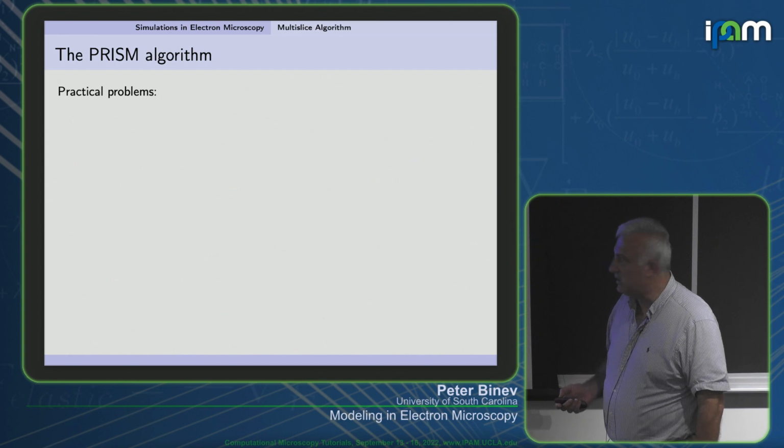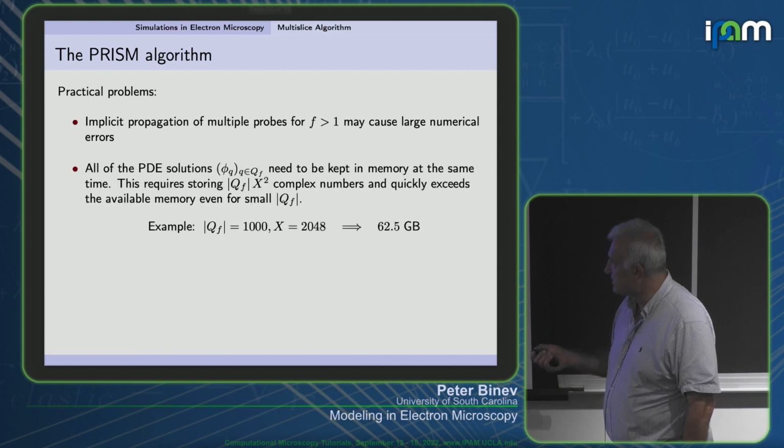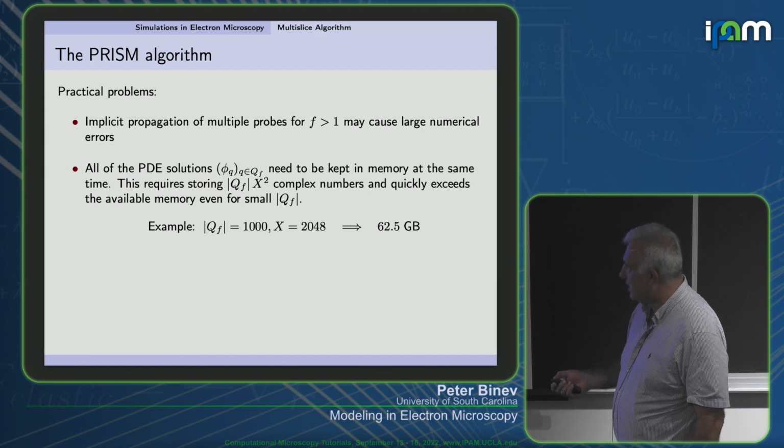Okay, so what are the practical problems? Implicit propagation of the multi-probes may cause big errors, especially if f is large.